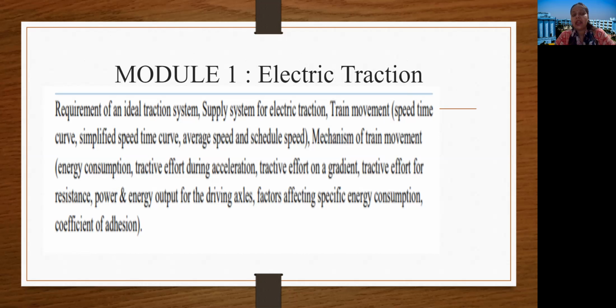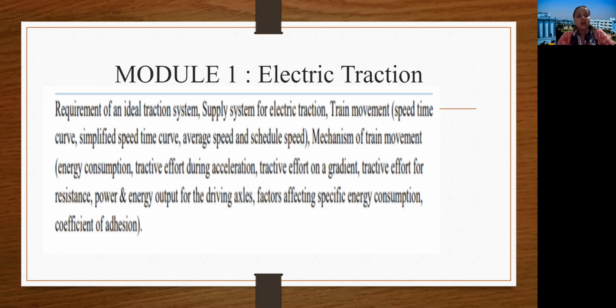Next is train movement, a very important and interesting part of electric traction, and the most important part in terms of your exam. Within train movement you are going to study the speed time curve, simplified speed time curve, average speed and scheduled speed. Next will be the mechanism of train movement.